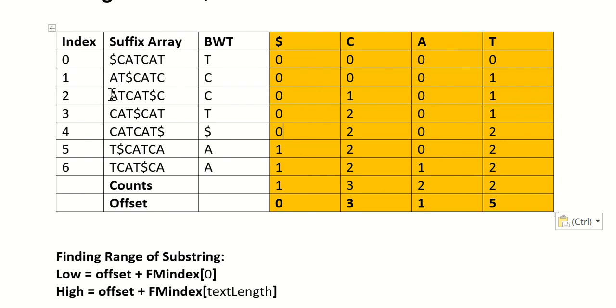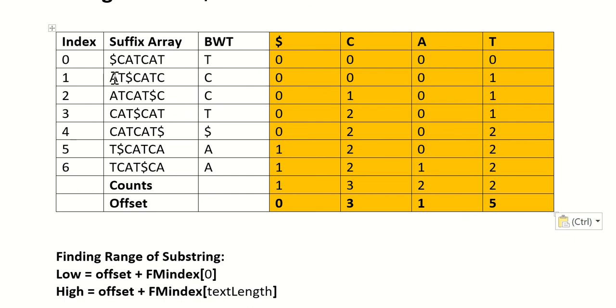So how do you do this? Let's say we're just searching for A instead of AT. If we were just searching for A, the offset of A is 1, and the FM index at 0 for A is, of course, 0. So 1 would be the low point.